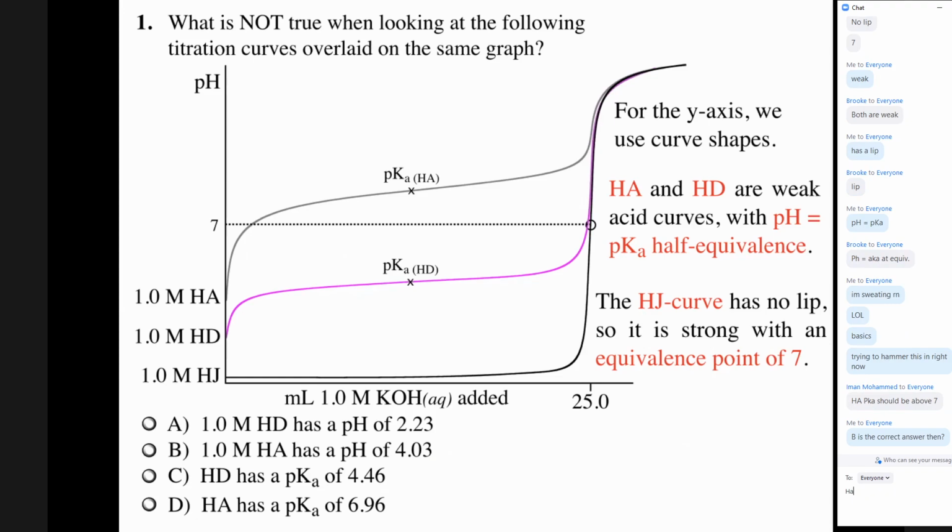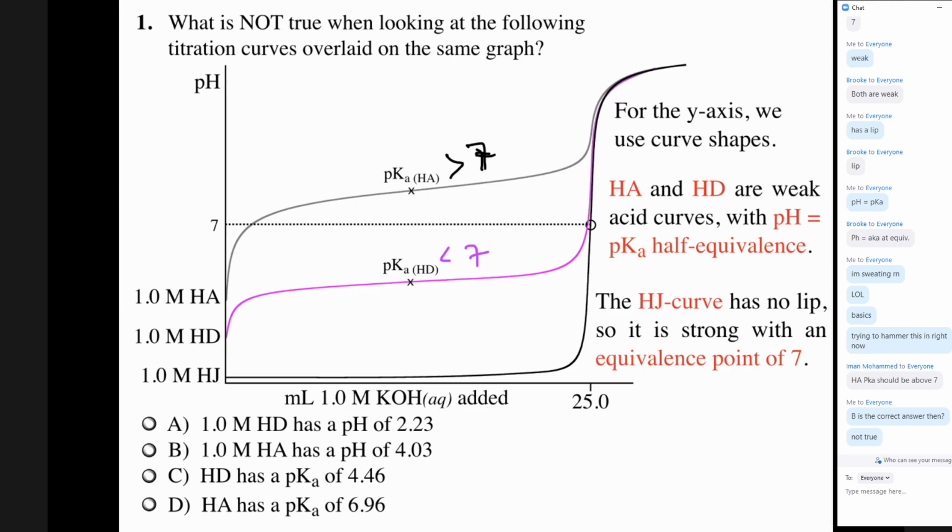Perfect. You mean to tell me you know that this pK is less than 7, this pK is greater than 7, simply by where they're positioned. Okay, and you're looking for something that is true or not true. So, is it reasonable that this one could potentially be correct?